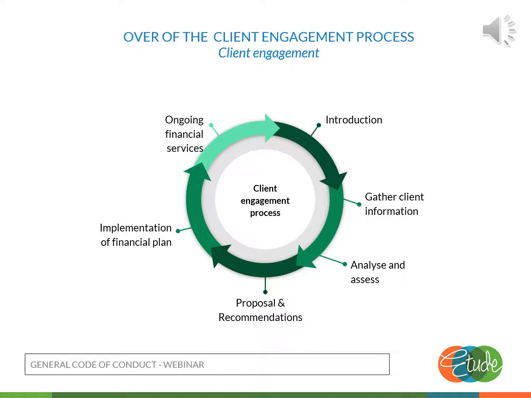Conduct a financial needs analysis and assess the various options available to the client. Step 4. Formulate a proposal and make the recommendations to the client. Step 5. Implement the financial plan. Step 6. Render ongoing financial services to the client.